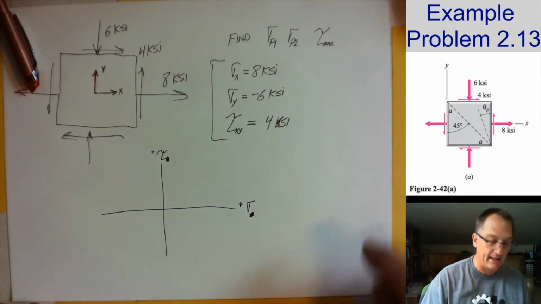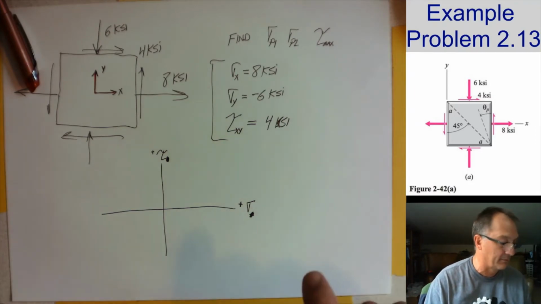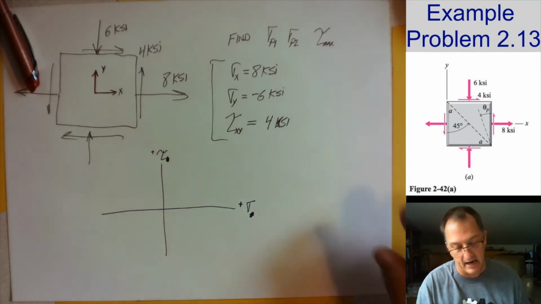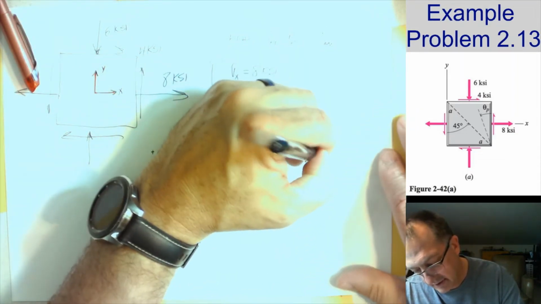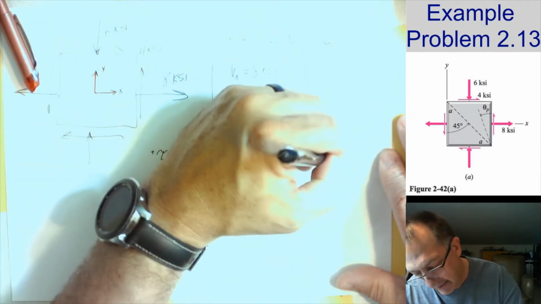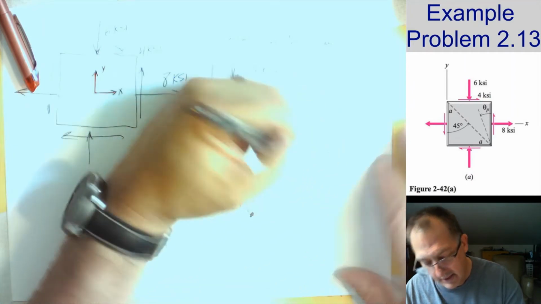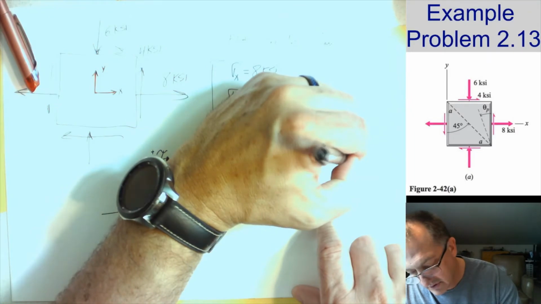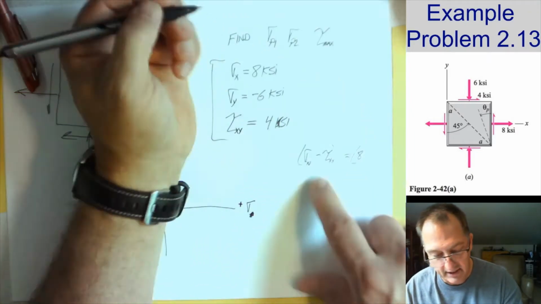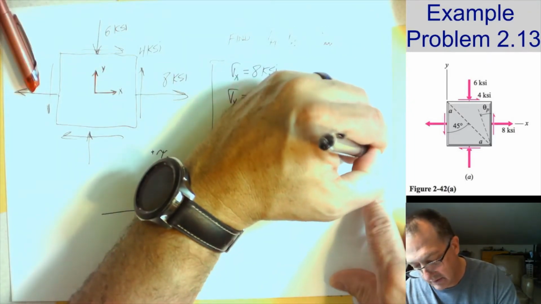Then plot the point sigma x and negative tau. Okay, so sigma x, here's my first point. And if I put sigma x, that's going to be equal to 8, and negative tau is going to be equal to negative 4.